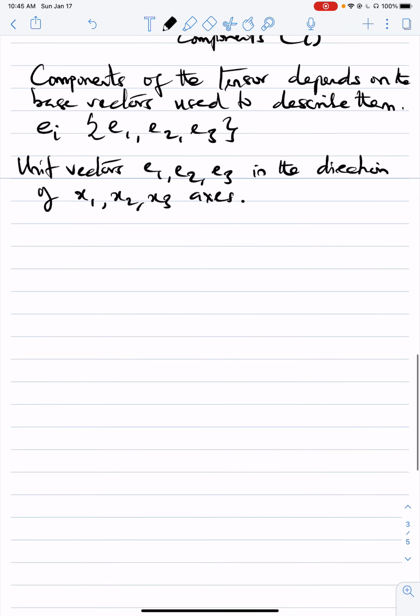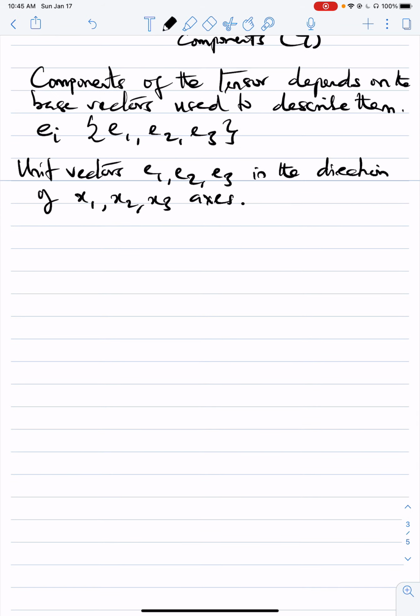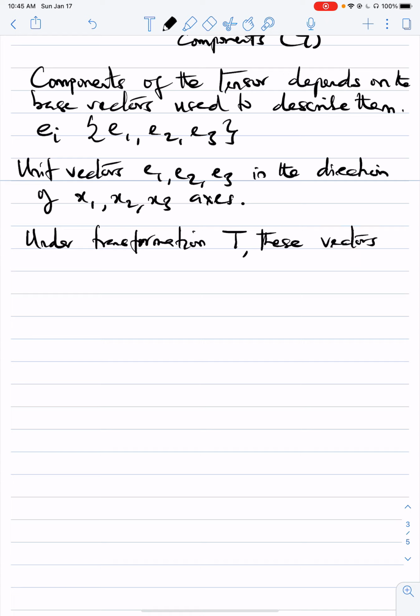So what happens is, under transformation T, these vectors will now become TE1, TE2, and TE3.